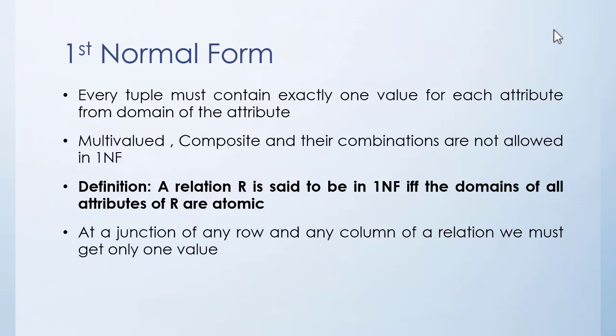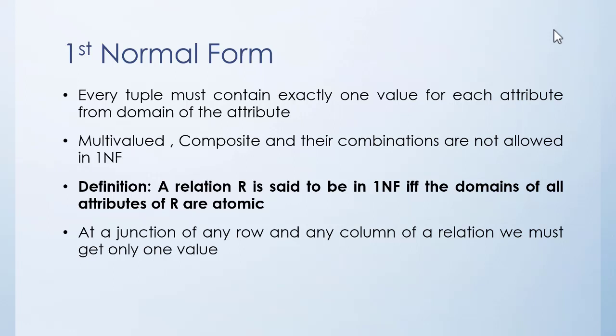In a simple way, we can say that in the first normal form, every tuple must contain exactly one value of each attribute from the domain of the attribute. Multi-valued, composite, or a combination of multi-valued and composite attributes are not allowed in 1NF.